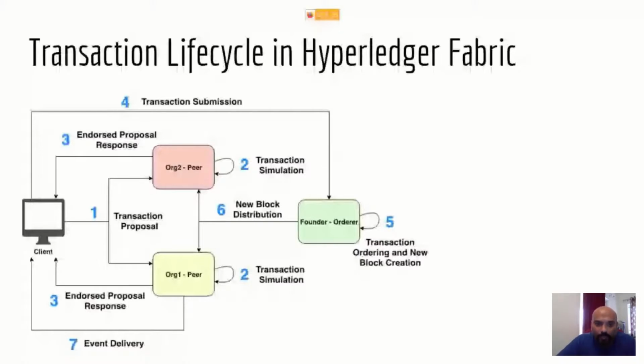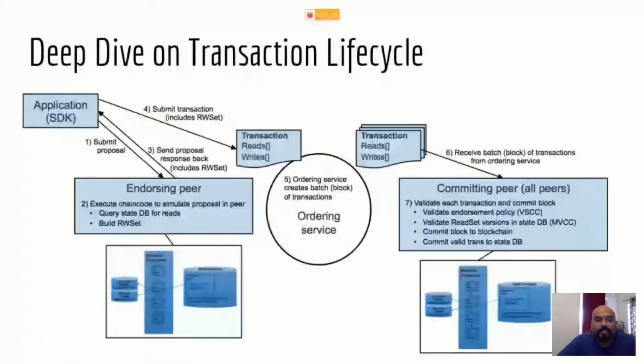If you go a little bit into the details, this is what happens. The client-side decentralized applications communicate to the peers through a proposal. They submit the proposal, and the endorsing peers execute the chaincode to simulate the proposal in the peer.